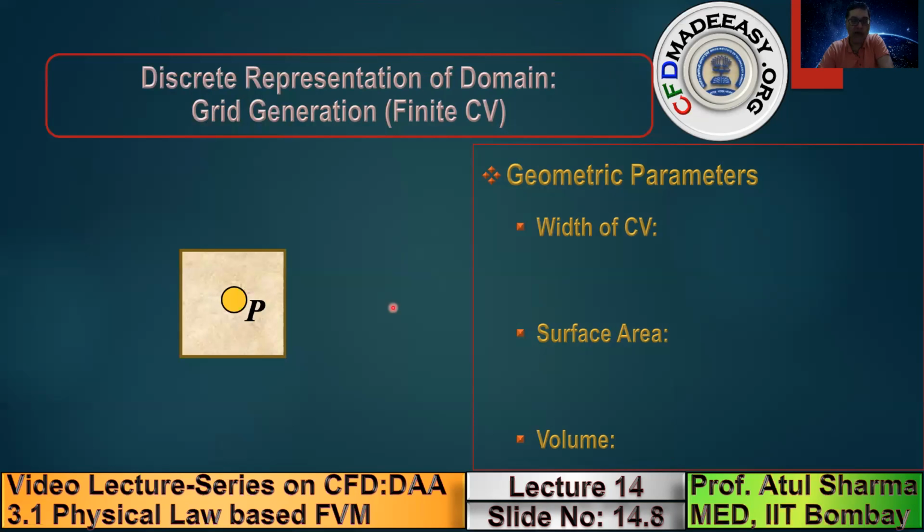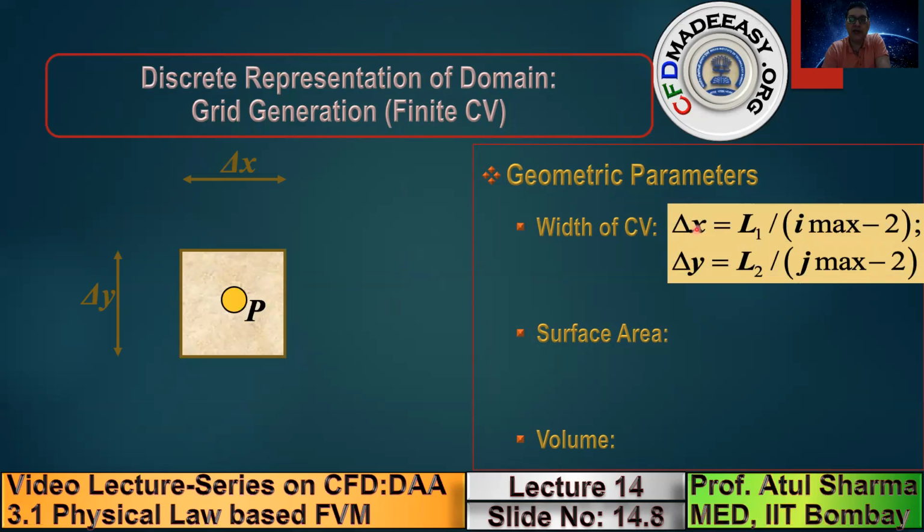So after you do grid generation, such as in the previous slide, where I had shown that for a square plate, we have 5 divisions and there were 7 points, first we calculate the widths of the control volume, delta x and delta y. And as I had mentioned earlier, we calculate delta x, delta y using a general formula. In the previous slide, I max was 7, J max was 7, and 7 minus 2 is equal to 5.